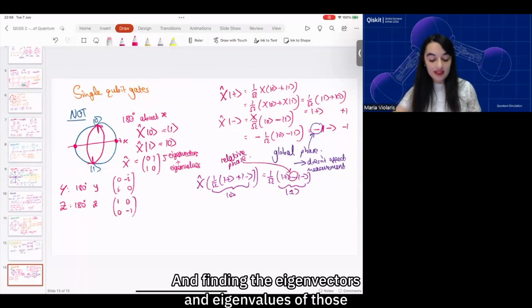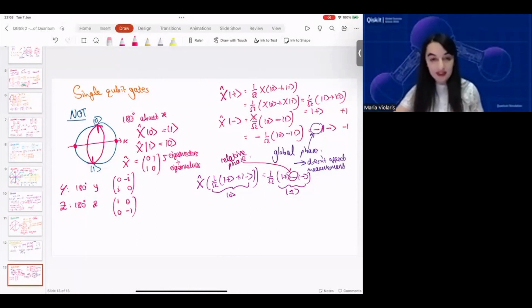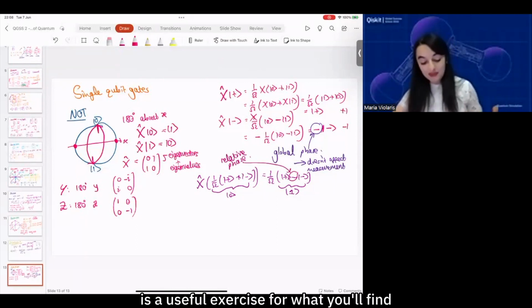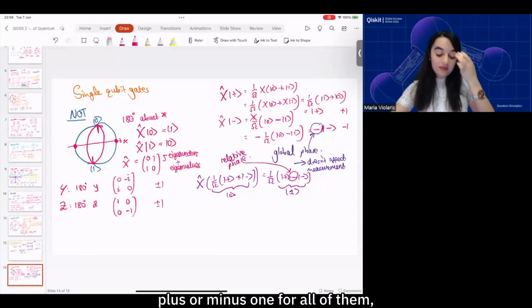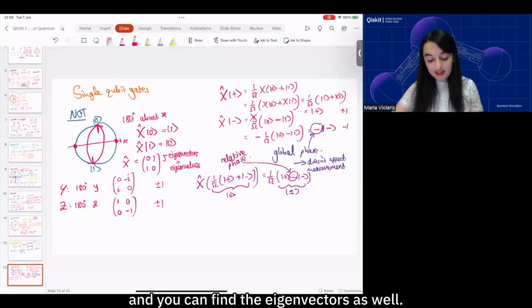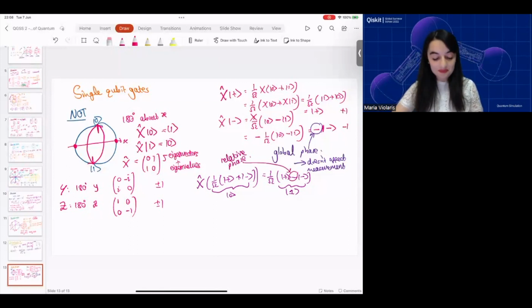Finding the eigenvectors and eigenvalues of those is a useful exercise, but what you'll find is the eigenvalues are all plus or minus 1 for all of them, and you can find the eigenvectors as well.